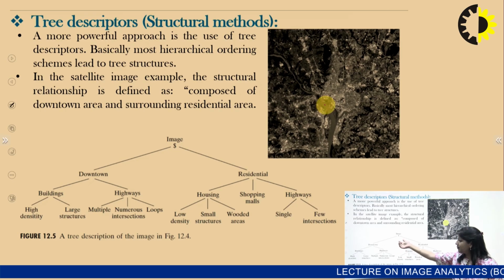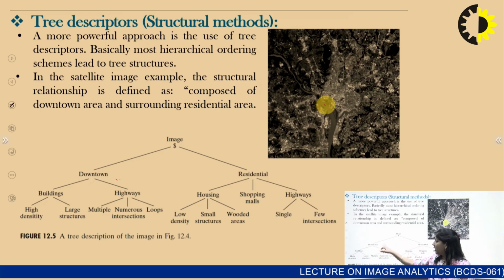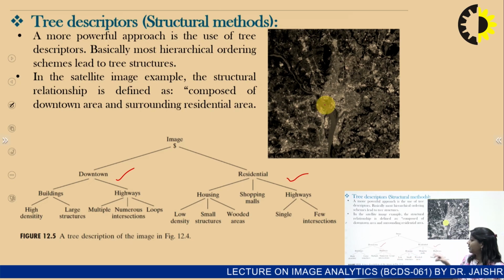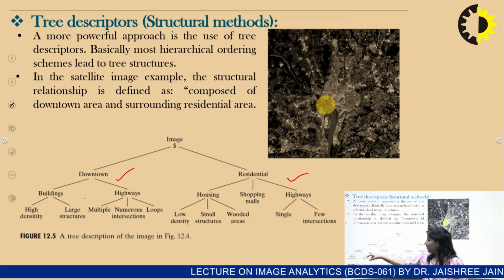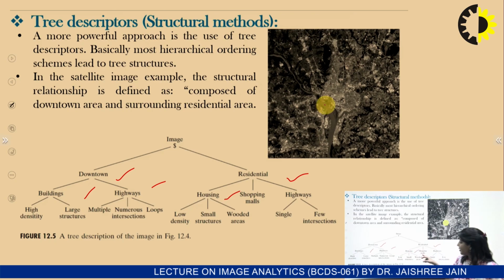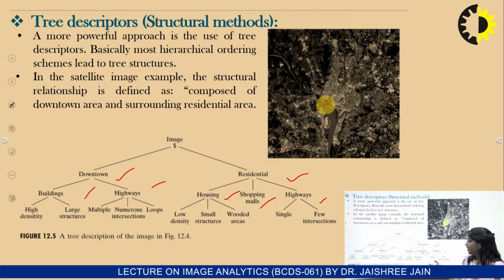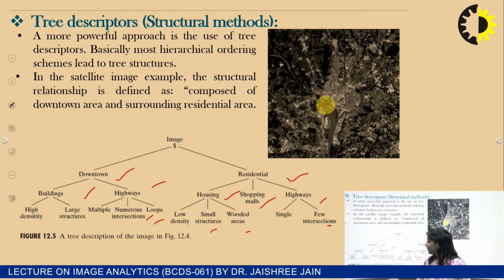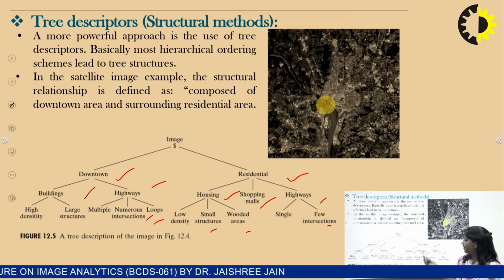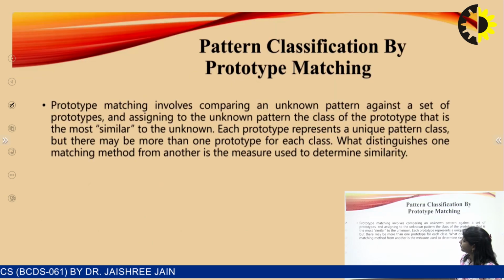So we have the image, and we have classified this in 2 points, downtown and residential. In downtown we have buildings, highways, housing, shopping malls and highway, low density, single and few. So these are the descendant relations from these points. So we can compose this in the form of a tree also.